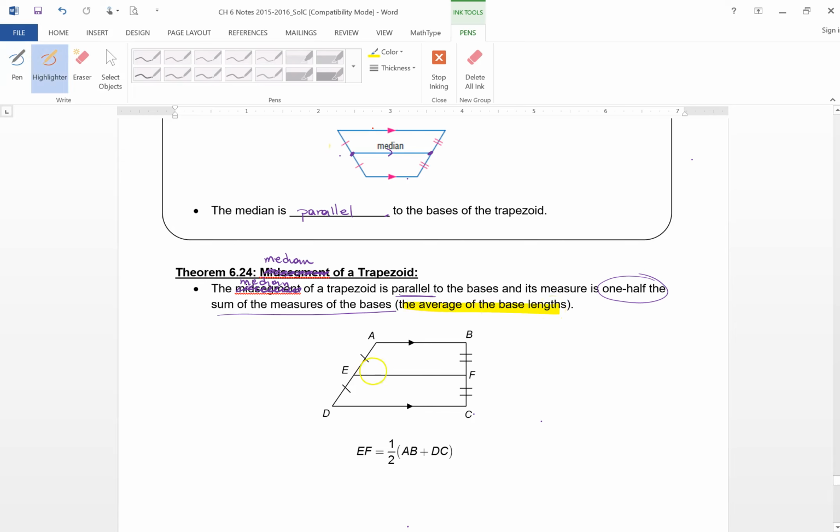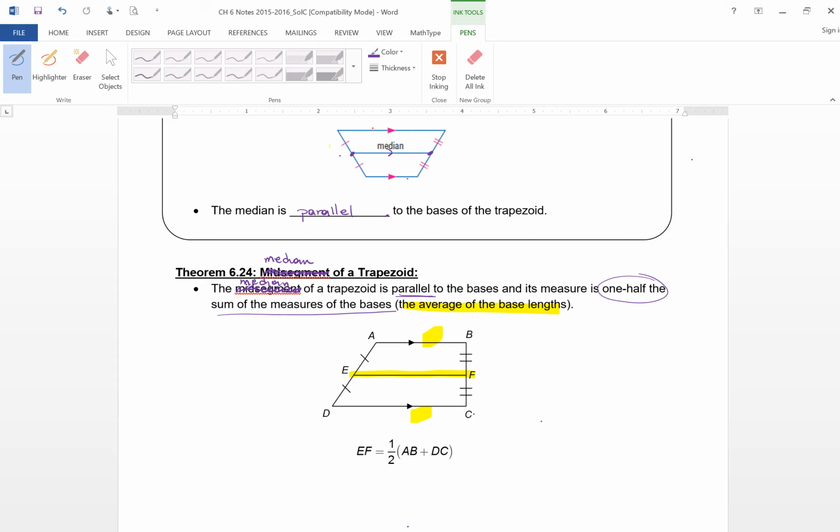So if I wanted to find how big EF is, all I do is I add up the measures of AB and DC, and I divide by 2. It's literally the average. So those are two things you have to remember about median. If I ever ask any of you out of the blue, what do you know about a median? It's the average of the two bases, and it's parallel to the bases.